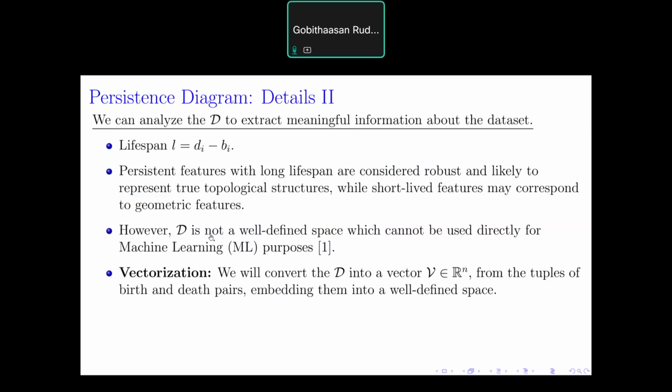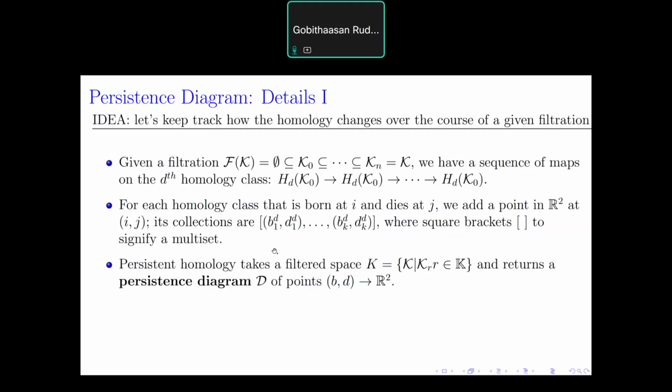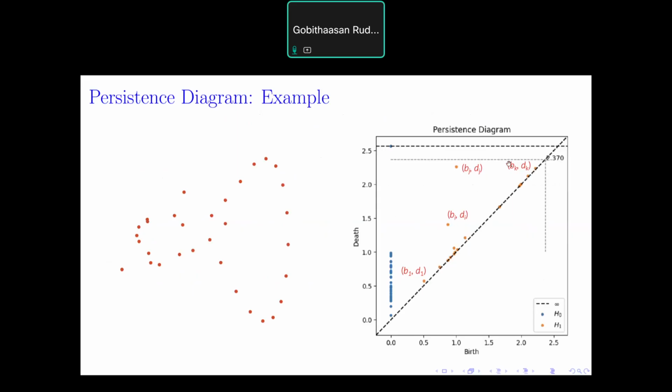However, the persistence diagram is not a well-defined space which can be used directly for machine learning purposes. As I said earlier, imagine all the space on top of the diagonal line are birth and death pairs, whereas the space below has no values of birth and death pairs at all.